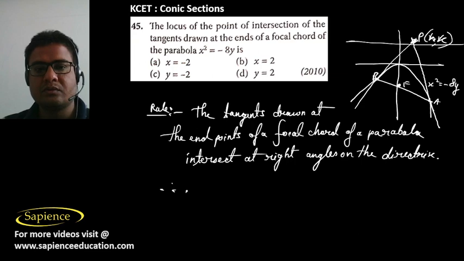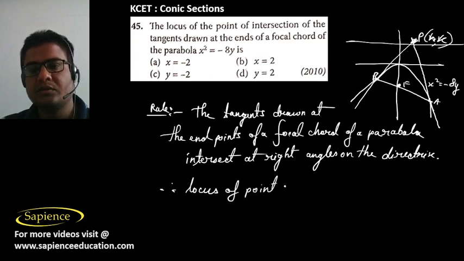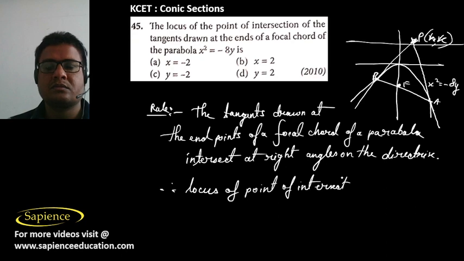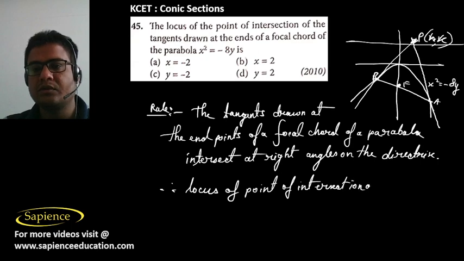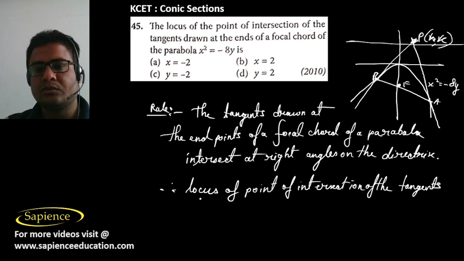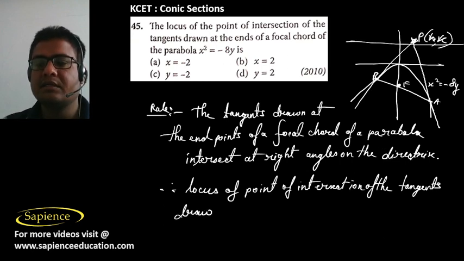So therefore the locus of the point of intersection of the tangents drawn at the endpoints of a focal chord is the equation of the directrix itself.